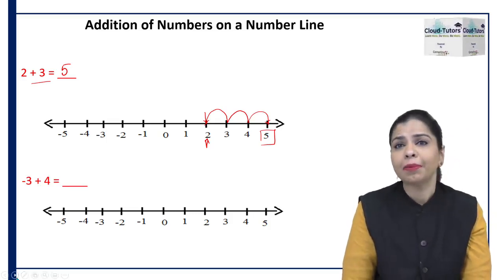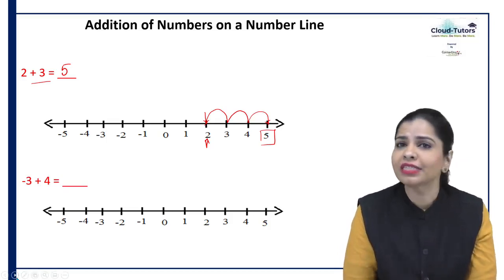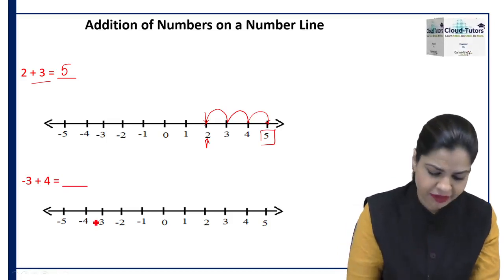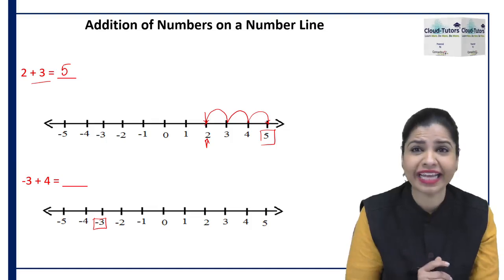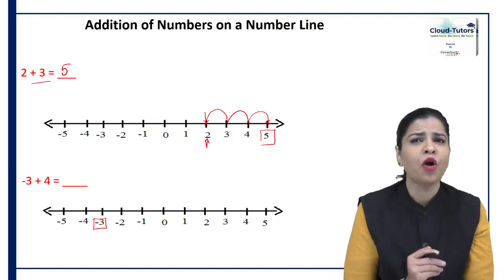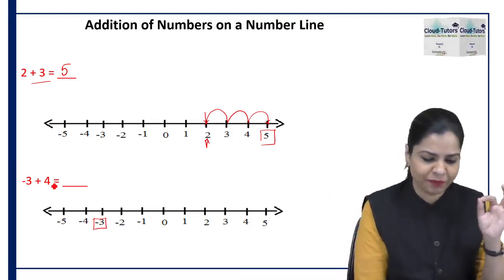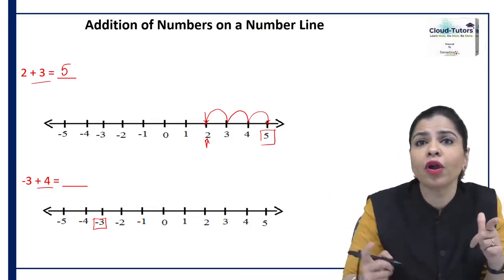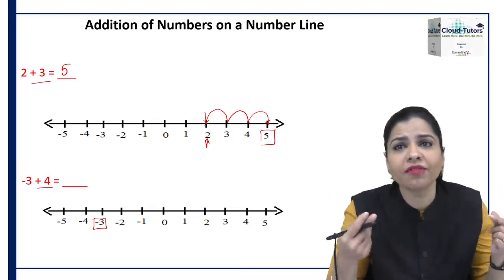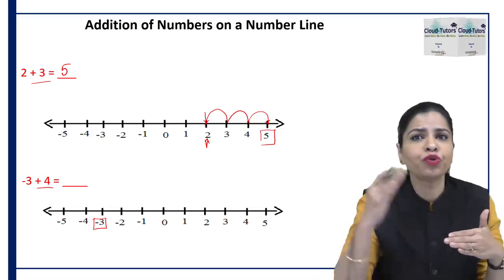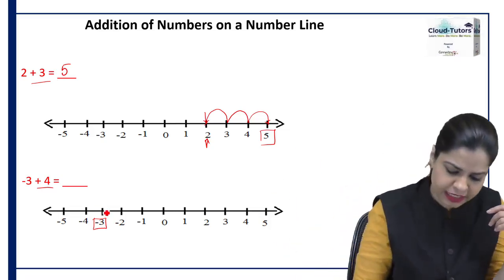Let's see the next question. Negative 3 plus 4. So what is your starting point here? Negative 3. So you start off with negative 3. But how do you move, to the right or to the left? See, you have a positive 4. So whenever you see a positive number, you always move to your right. So let's move to the right.